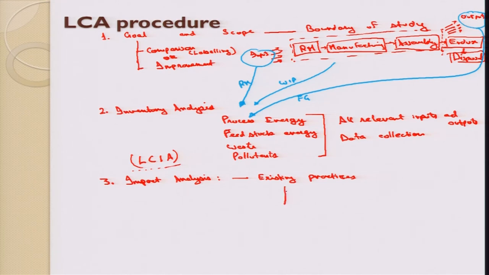What is the impact in terms of energy consumption, that is embodied energy is also involved in this. I'll define embodied energy or explain embodied energy just in next slide.